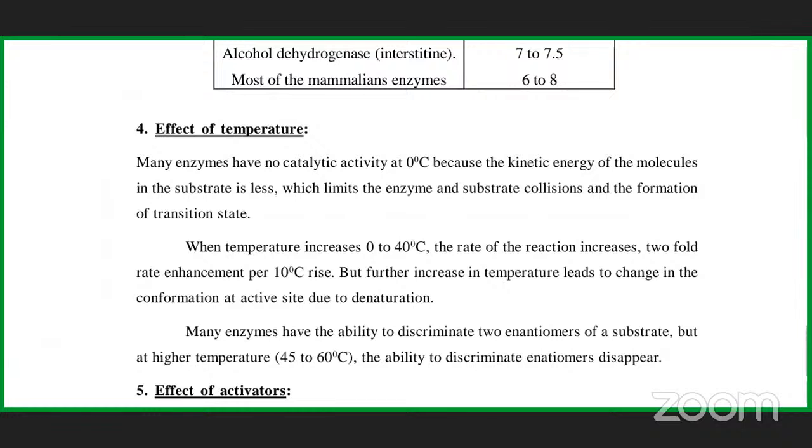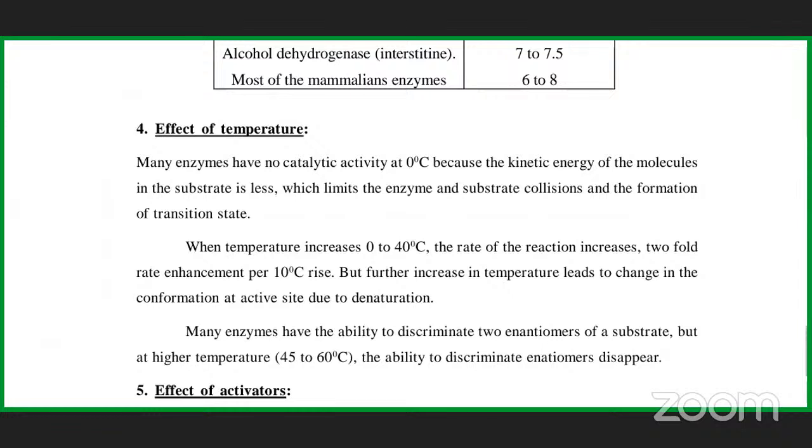So with an increase of the temperature from 0 to 40 degrees, the rate of the reaction increases, and beyond 40 degrees the rate of reaction decreases, because enzymes can bear temperatures only up to 40 degrees. Beyond that the enzyme becomes denatured.